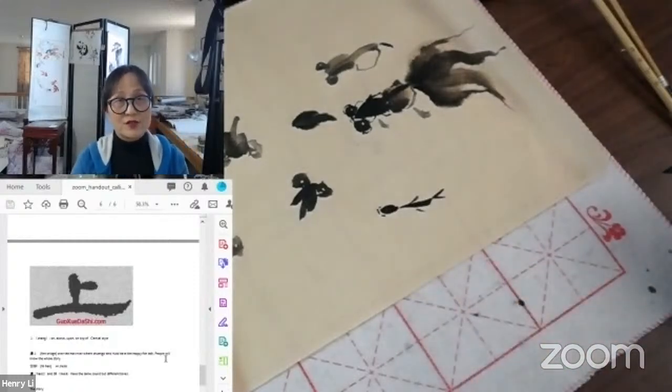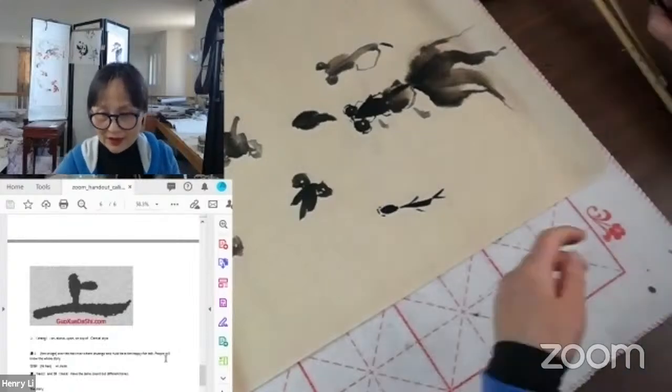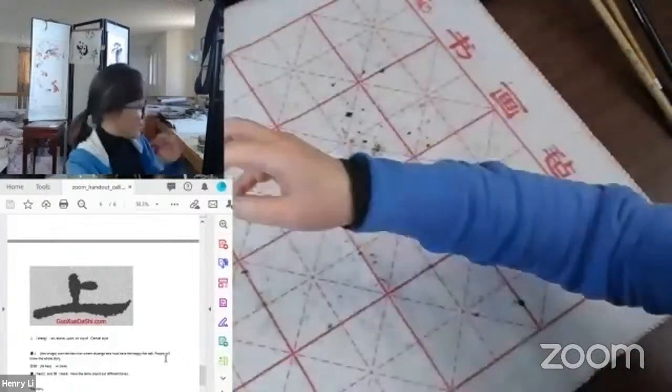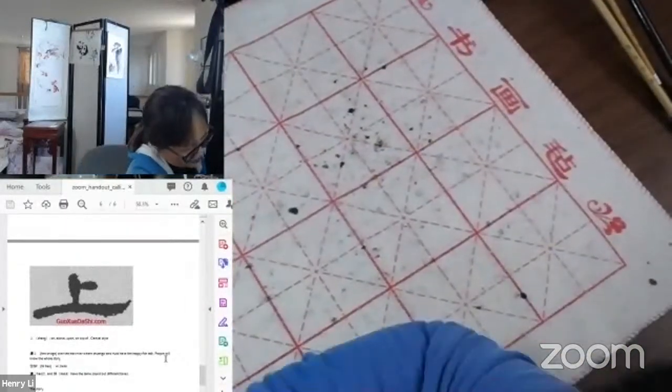That's the little fish. Of course, you can do the different direction of this little fish. Okay, now I will do very quick things, put the character on.